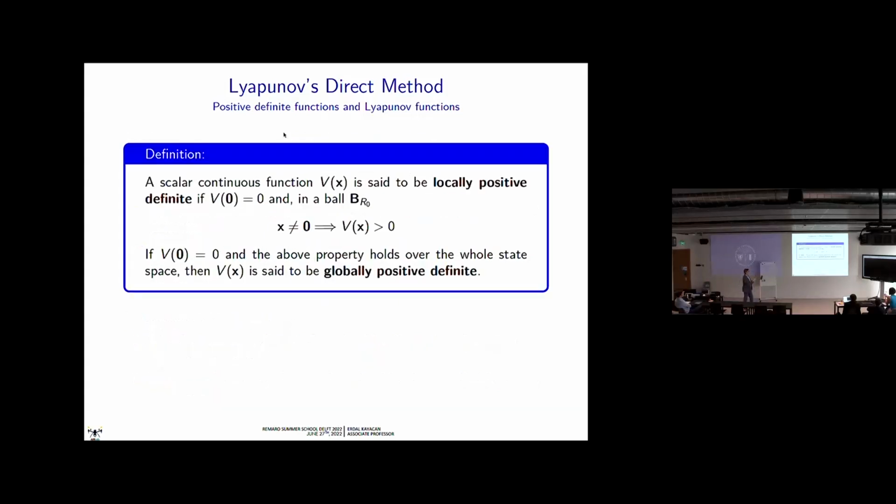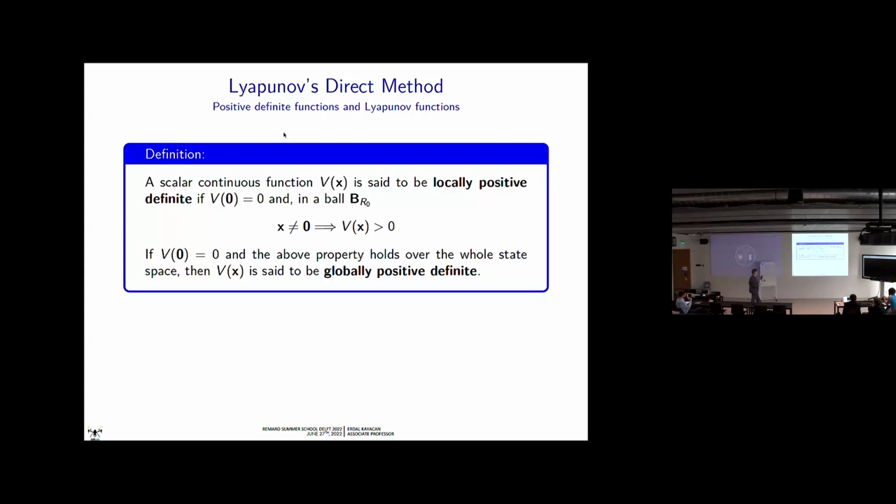So I'm saying if V(x) is greater than 0 in a certain ball, B_R0, it's locally positive definite. If it is greater than 0 for the whole state space, then I say it's globally positive definite. But the rule is, when x is not equal to 0, V(x) is going to be greater than 0. It's the same for energy.